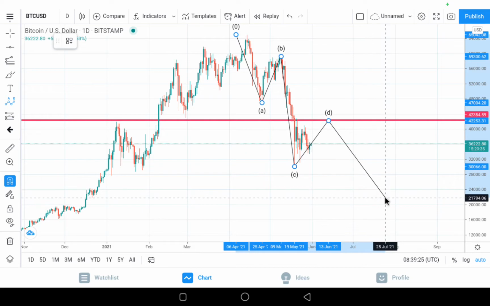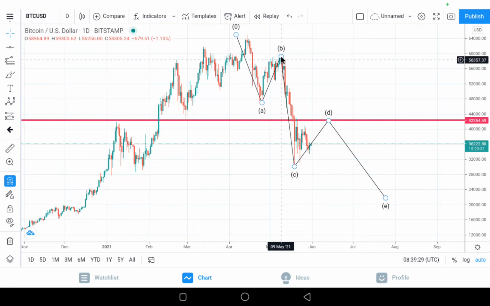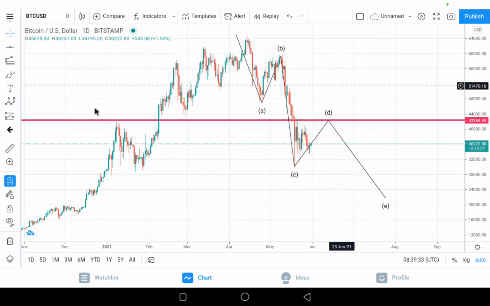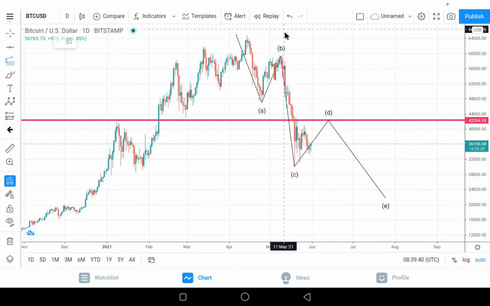Is it just arbitrary? No, I did not get the E arbitrarily. I'm going to take a Fibonacci retracement extension tool of this B and D, and I think I used the 0.618 retracement tool.